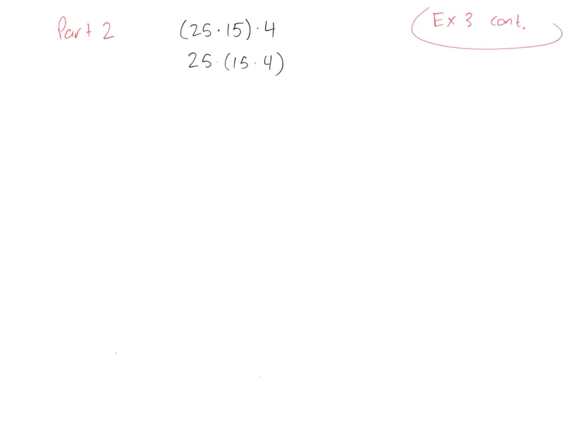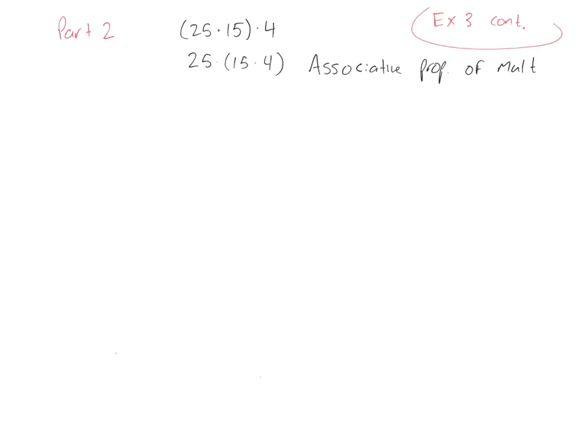Well, it's one of the properties we just talked about. That is what we call the associative property of multiplication. Sorry, I was looking at the problem in the book. Okay, so I just changed which ones I'm associating together.